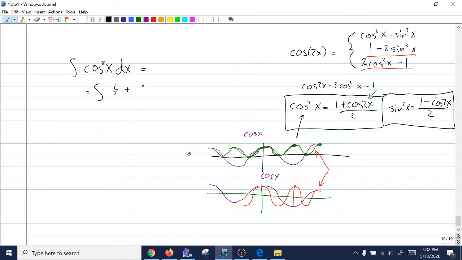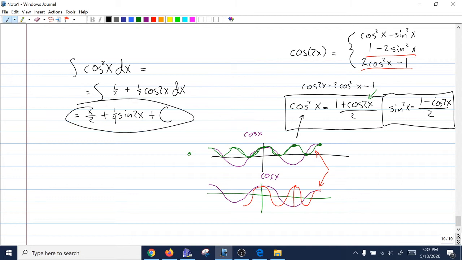I'll split that into two fractions. The integral of a half is x over 2. The integral of cosine 2x is sine 2x, divided by 2. You get this. Integrating cosine squared or sine squared is pretty straightforward. You just use this identity.